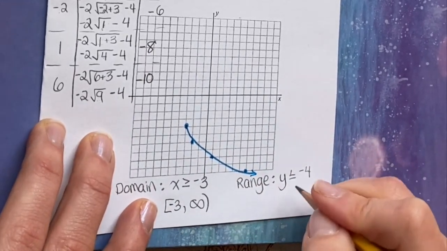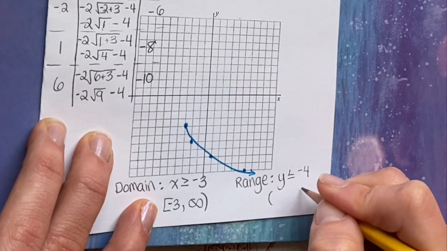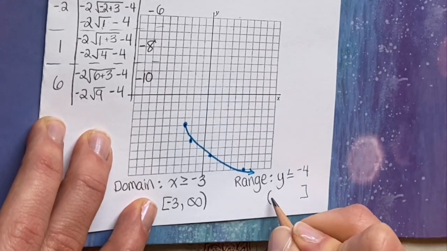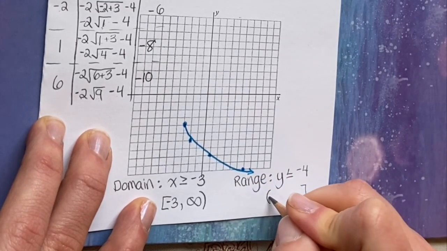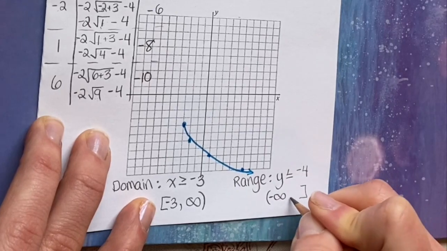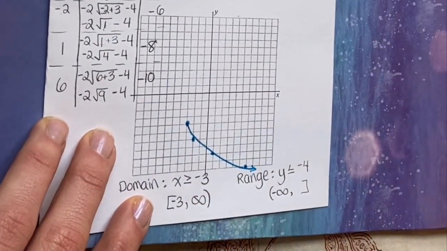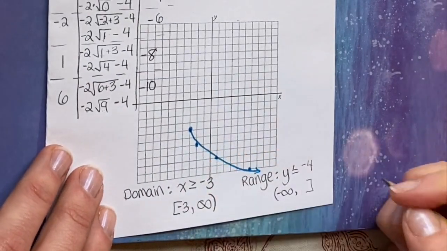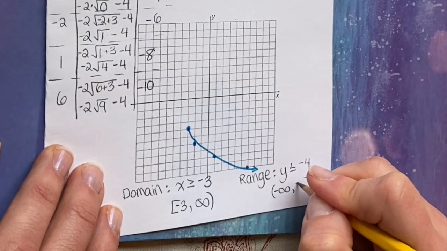In interval notation, so remember, interval notation is written lowest to highest. Here, the lowest y value is at -infinity. The highest y value is at -4.